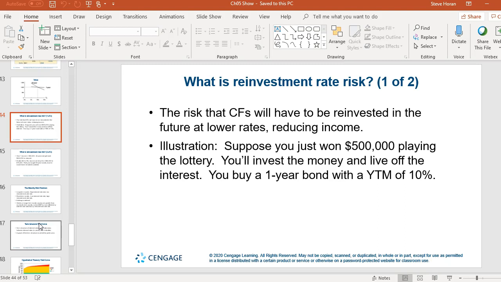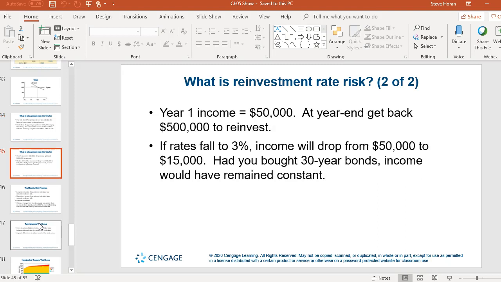So an illustration of that, suppose you just won $500,000 playing the lottery, and let's just say that's the net amount that you get, after tax. Your goal, which is a really good goal, is don't spend the principal, invest it, live off the interest. So let's just say you have the option of buying a 1-year bond with a yield to maturity of 10%. We can all do the mental math: 10% times 500,000 would be $50,000.